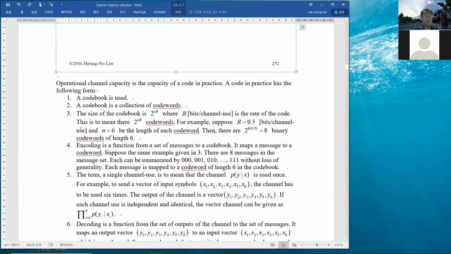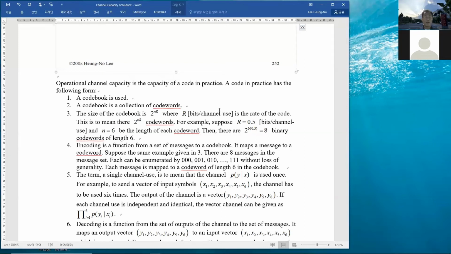For the example of the (7,4) Hamming code, what is R? The code has length 7, so you have to use the channel 7 times. While you are using the channel 7 times, you are sending 4 bits.